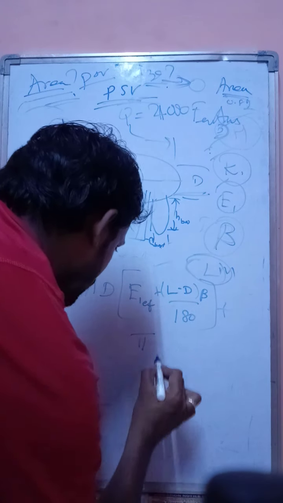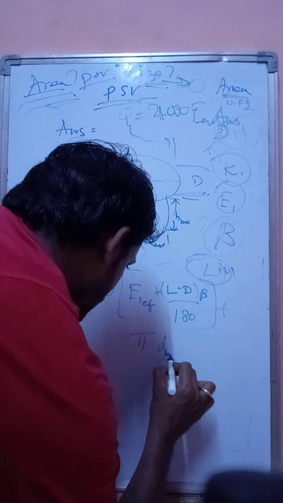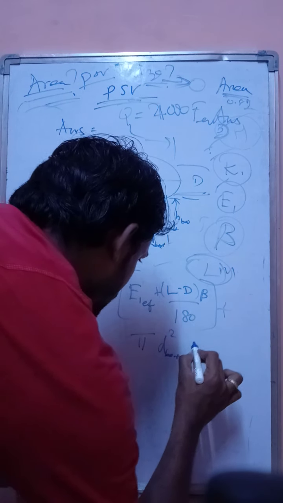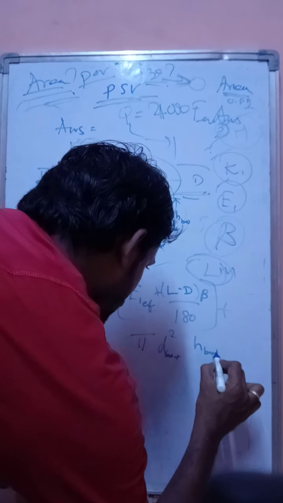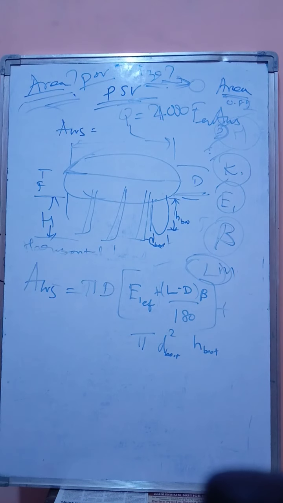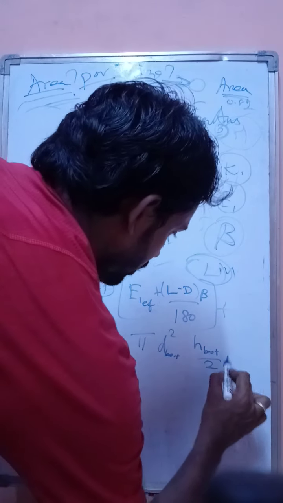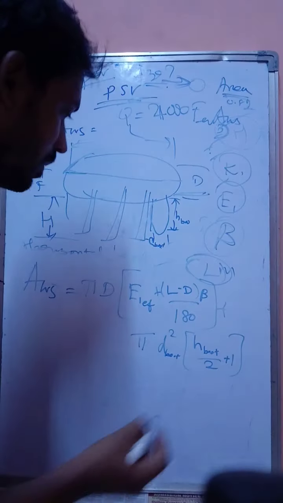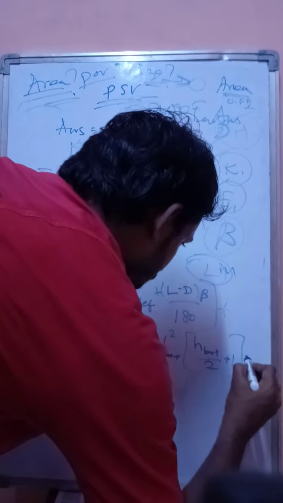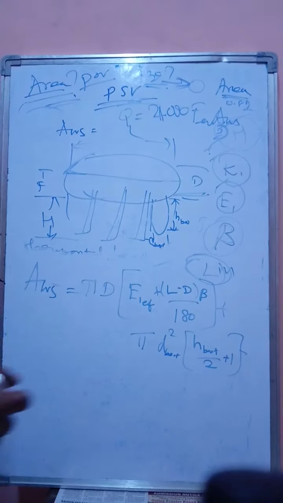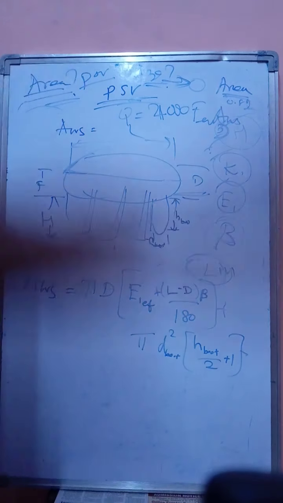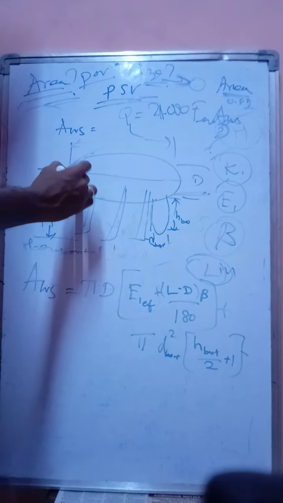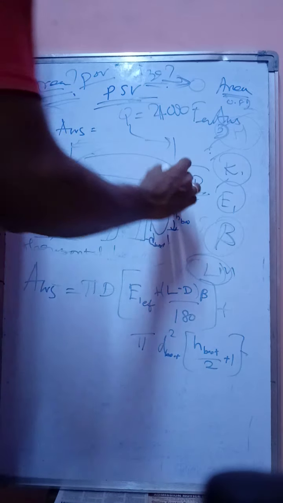Plus we have this boot section, so that also has to be included. So we are including this D boot square into H boot by 2 plus 1, right? And multiplies with, even for any case of fire, there will be more piping, inlet and outlet.